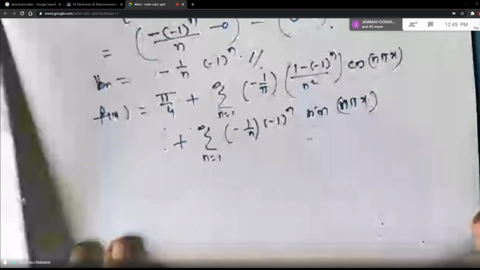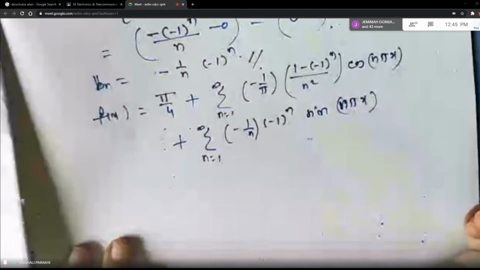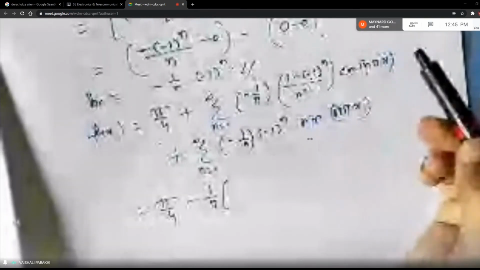Now if you want to see it expanded, you can do it. Now this is 1 by pi, right? Now put n is equal to 1, students. What will happen when you put n is equal to 1? Now orally you should be able to do this. When you put n is equal to 1, this will remain minus 1. So minus minus becomes plus.